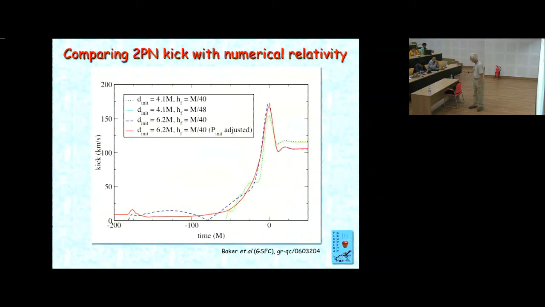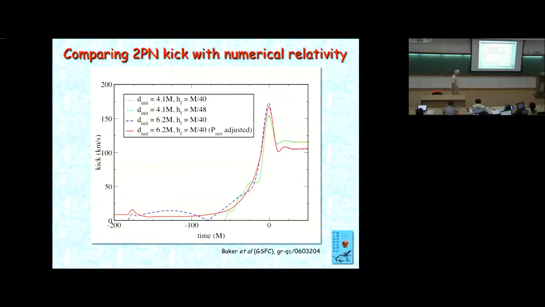But to give an illustration of the accuracy of this post-Newtonian calculation, here's a calculation of the kick produced from a numerical relativity simulation. These are actually 3 different simulations with different resolutions in the computer code, just to illustrate that they could get real values that were convergent, depending on the grid resolution.